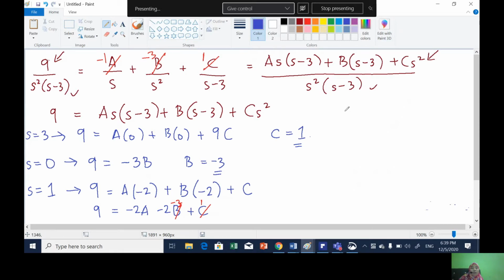So this means that finding the inverse Laplace transform here is equivalent to finding the inverse Laplace transform of these 3 partial fractions. So I'm going to write down like this.